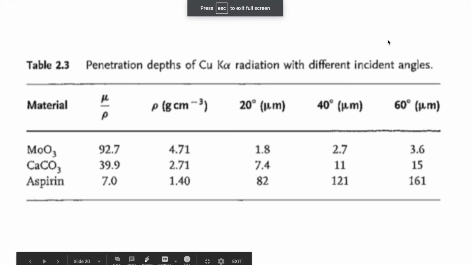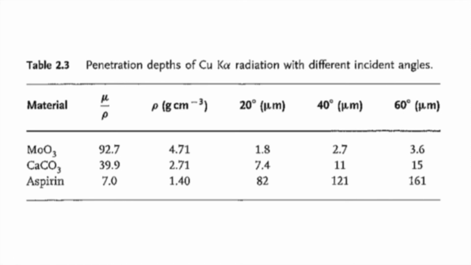Okay, another limitation that we need to address when we're looking at real specimens is the fact that our X-rays only penetrate a certain depth. This would be important if we're looking at structures where the surface may be different than the interior. And so we need to look at the depth that X-rays penetrate to see if we're sampling enough material.